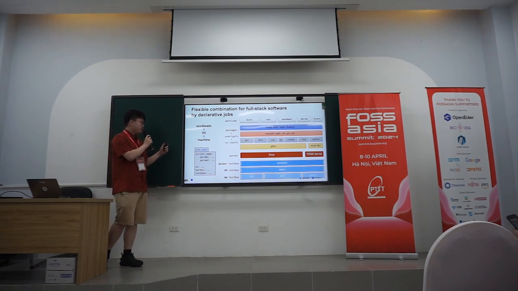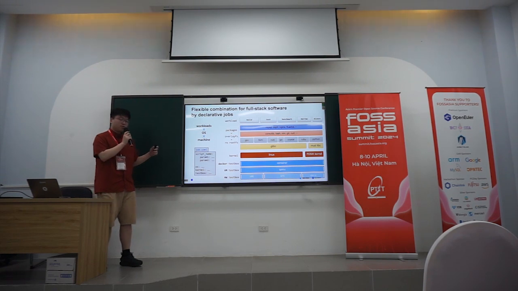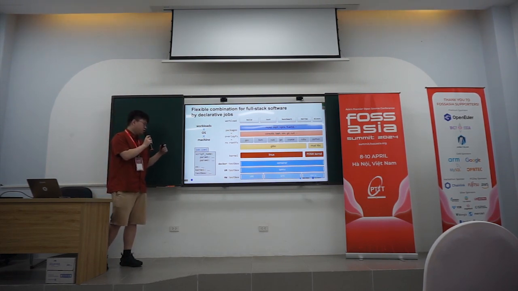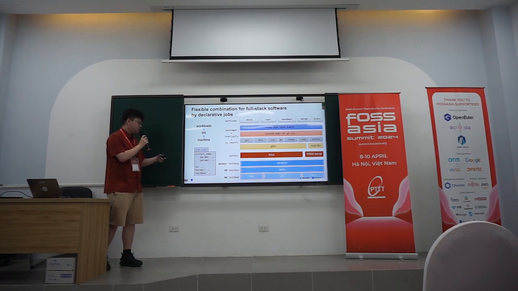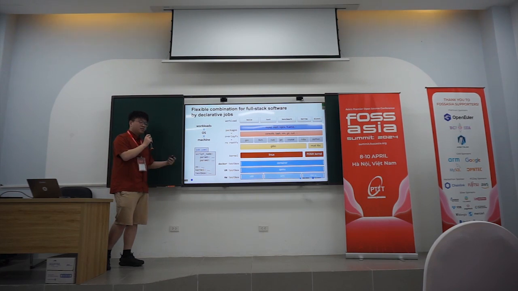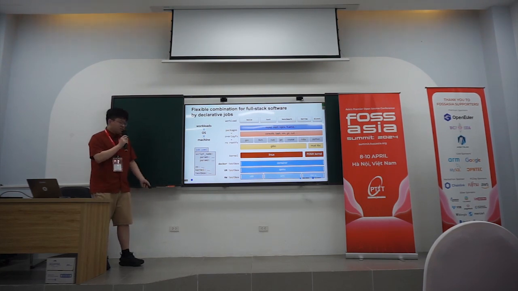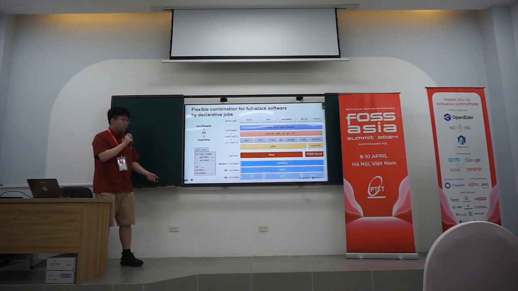Compass CI is declarative. All the jobs you submit are declarative. You just need to submit a job YAML to declare the parameters you need, such as the operating system, the kernel, or the test box node.